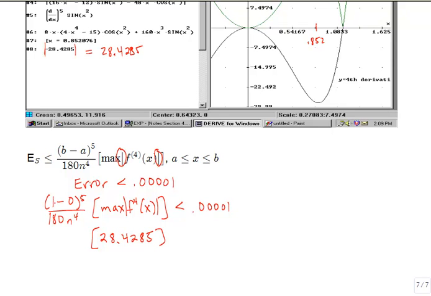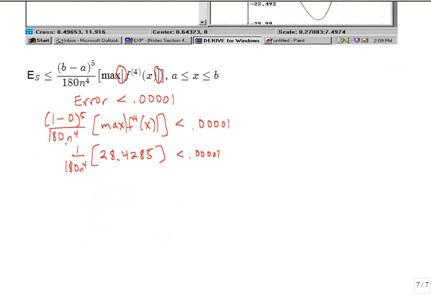The numerator, 1 minus 0 to the fifth, is just a 1. Just like in the last example, to solve this, I'm going to multiply both sides by 180 times n to the fourth.